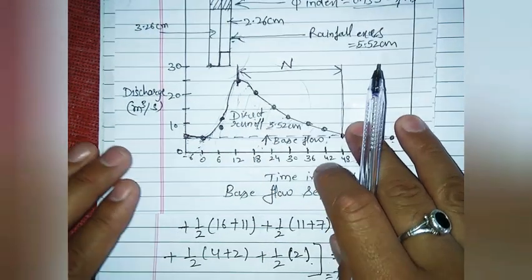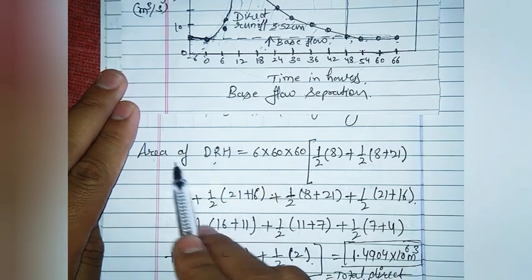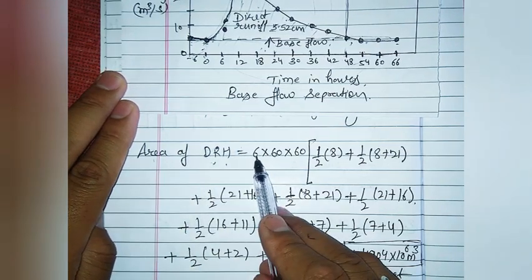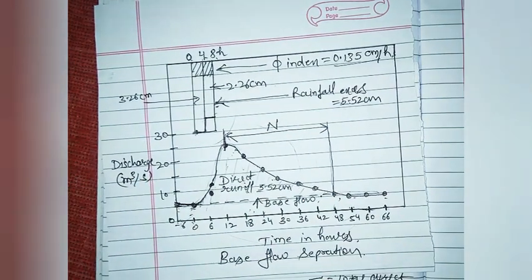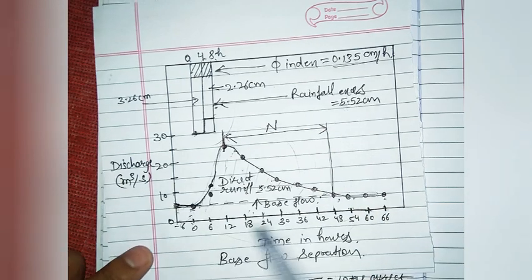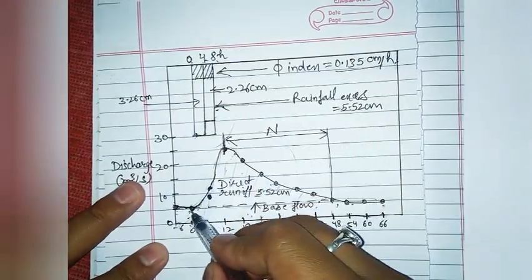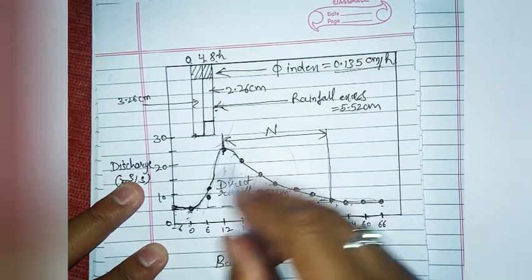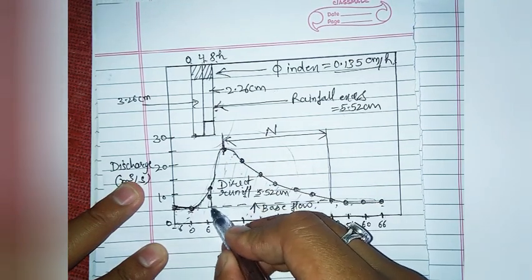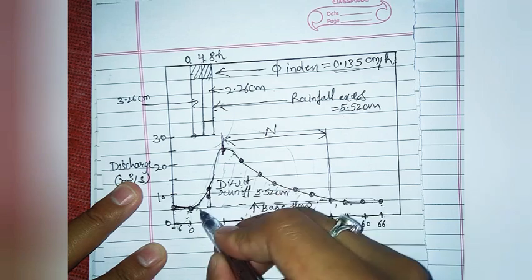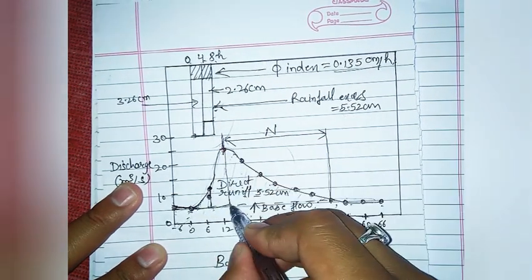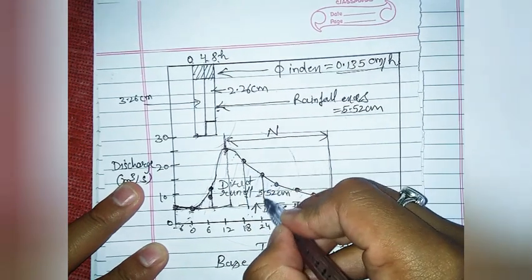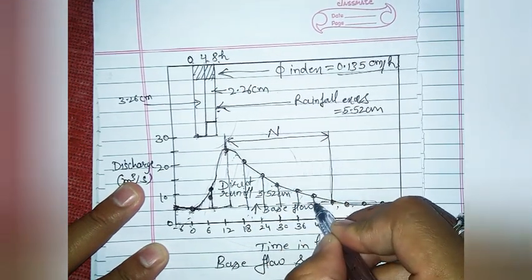So how will we calculate this? I have calculated the area of the DRH here. Let me tell you how. If we divide this curve into simple figures like this, this is your first figure, this will be your second, and then this, this and this.